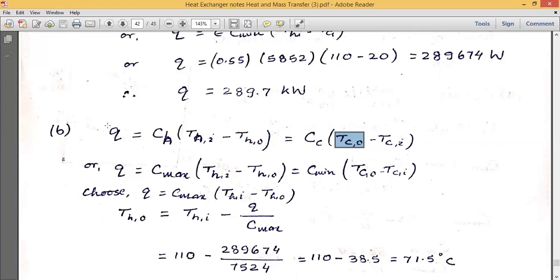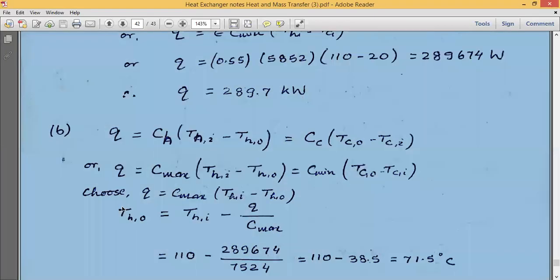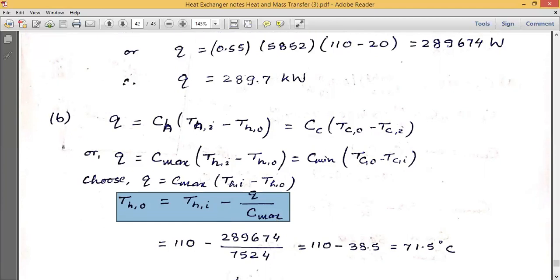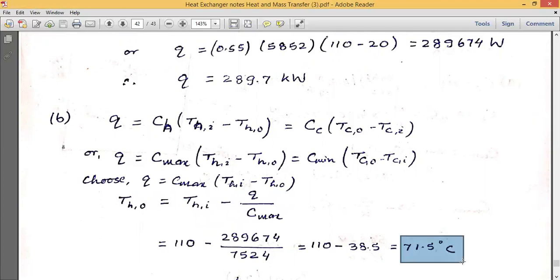So let's first consider this equation. By rearranging, TH naught is equal to THI minus Q upon CH. By substituting all the data, 110 minus the term, we will be able to determine the hot fluid outlet temperature as 71.5 degrees centigrade.